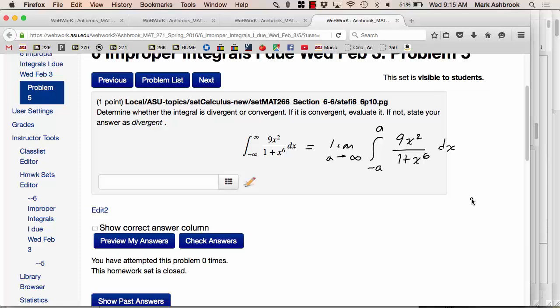If we had 9x to the 5th, then natural log of 1 plus x to the 6th would essentially be our antiderivative, after figuring out the factors. Okay, we don't have that. So we have to go through our bag of tricks to see what's going to work here.